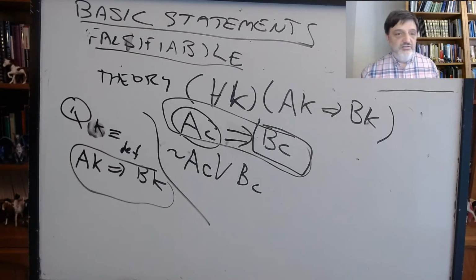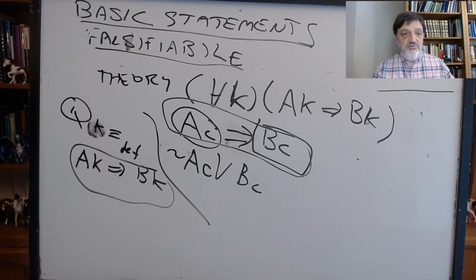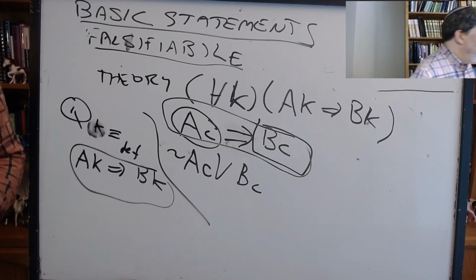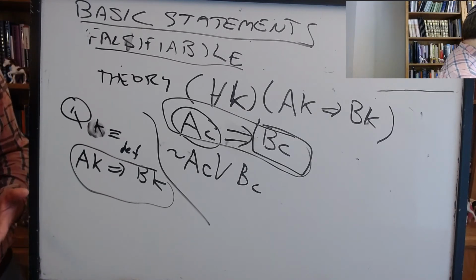So in other words, going with what I was saying that A and B mean, there's a Q at K means there's something that's either white or not a swan at K. Counting an empty space as something.